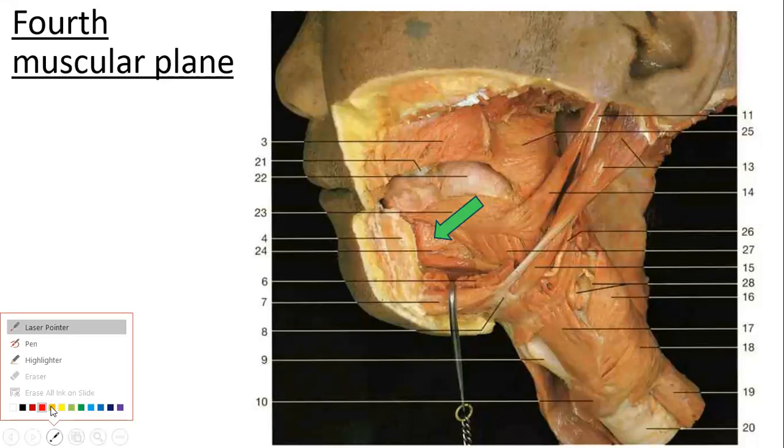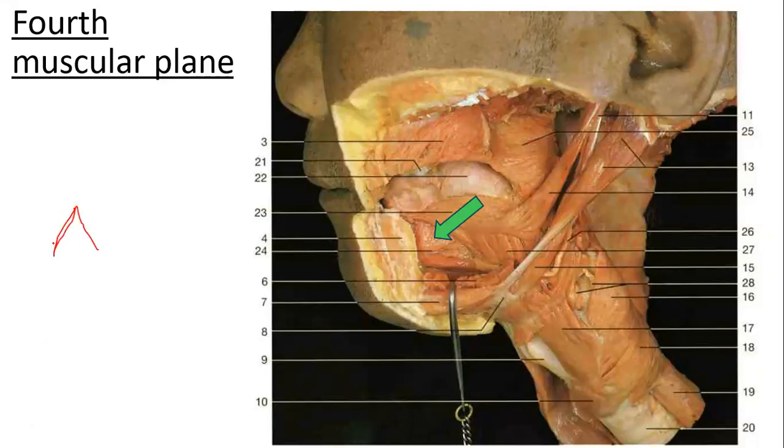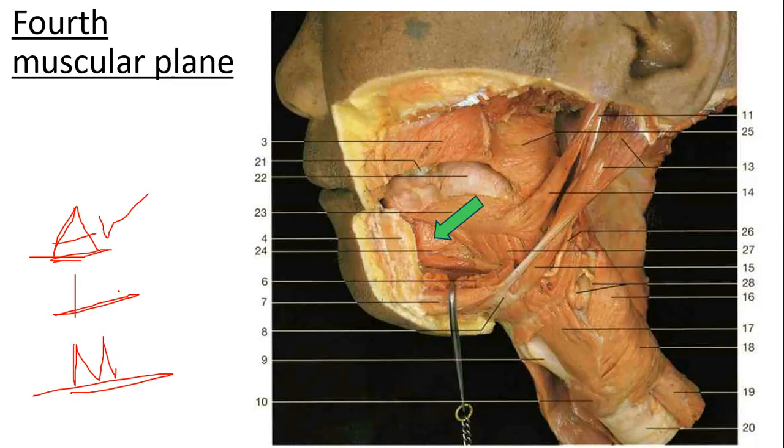So AIM: it moves the tongue anteriorly, inferiorly, and medially. So protrusion of the tongue, but at the same time, it moves it inferiorly and to the medial part.